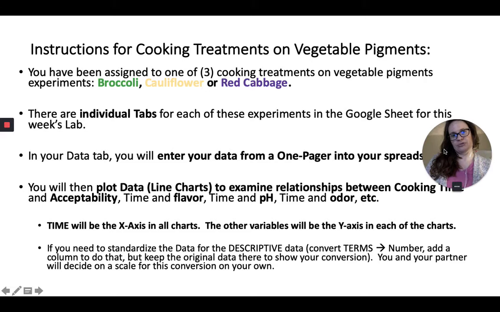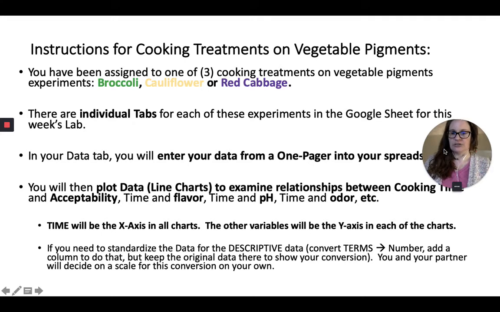It's up to you and your partner to decide on a scale for the conversion. For instance, odor, 0 odorless to 10 extreme odor, depending on what the author of the one-pager had used for their descriptive terms. But you can't plot words. You need to be able to plot numbers, so everything has to be numerized.